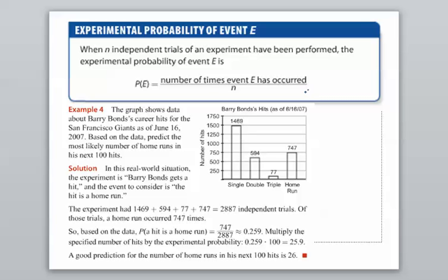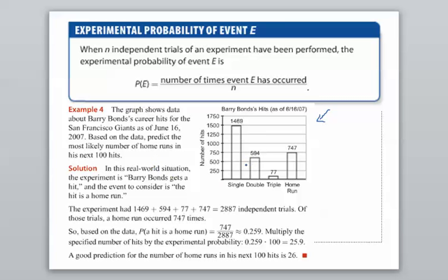So here's a graph down here that shows Barry Bonds hits. And that is truly a trial. It's an experiment. And they're saying, what is the likelihood of the number of home runs in his next 100 bats? Well, if you found the probability of him hitting a home run and multiply it times 100, that would tell you what the likelihood of him getting a home run is, right?